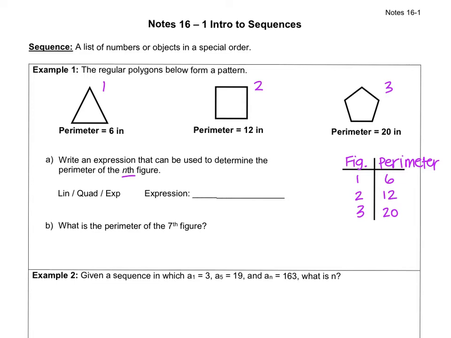You can look at linear and see that we're adding 6 and then adding 8, and so that's not a constant rate of change. So you may not want to pick that one first, but it's kind of up to you. We need to go through each one of these, linear, quadratic, and exponential, and see which one is the line of best fit.